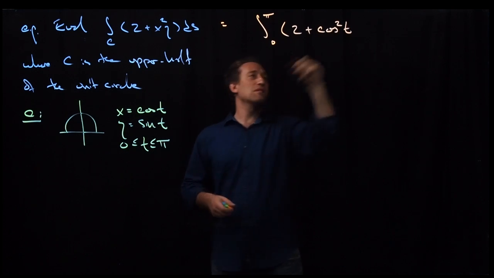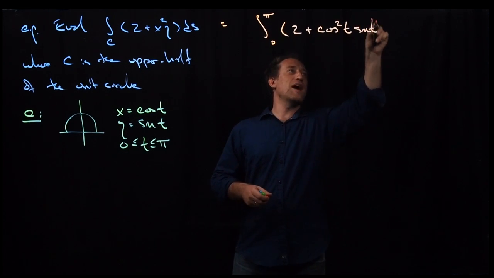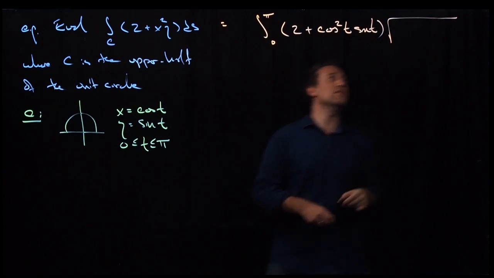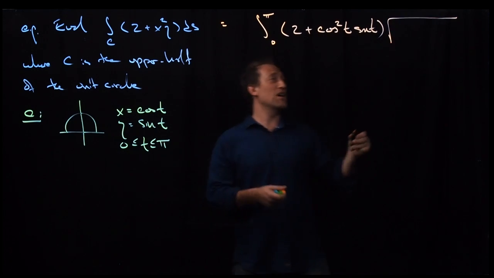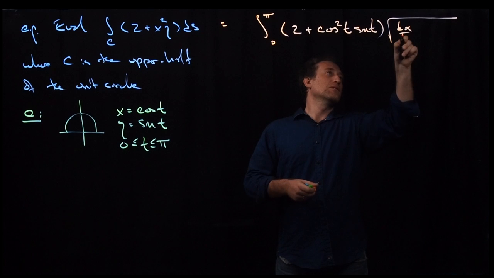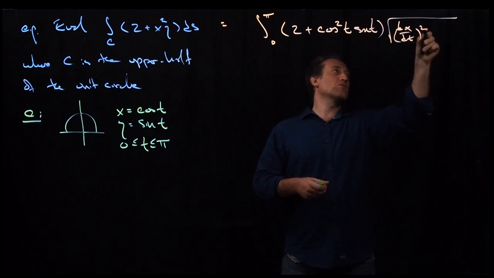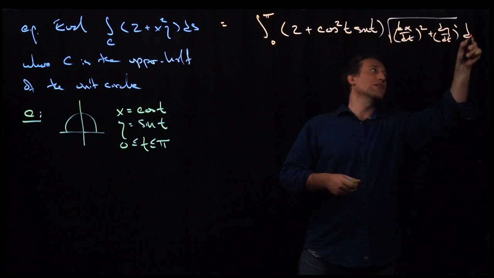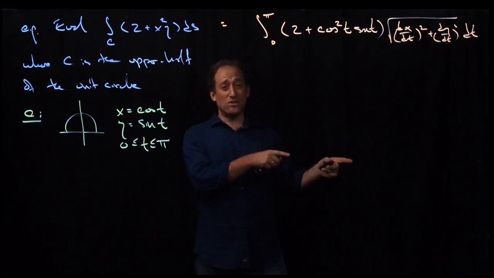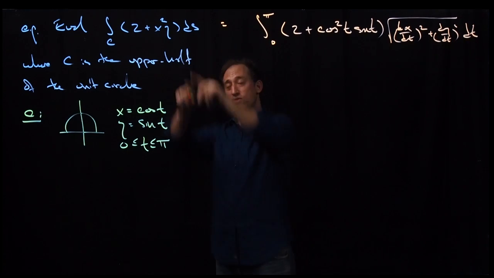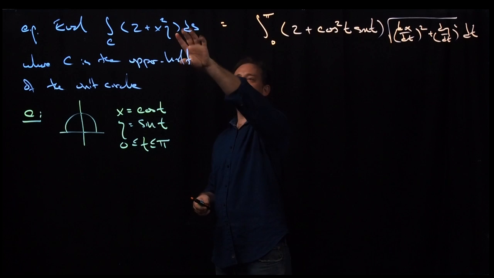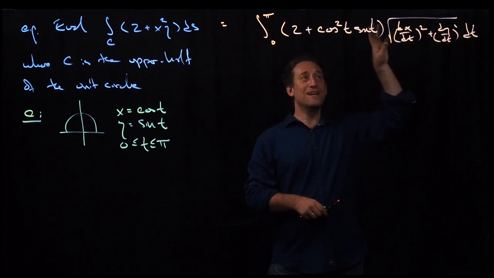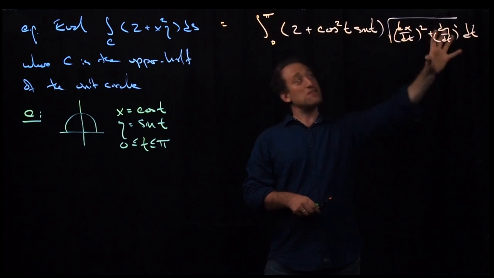squared t times sine t, but of course we're not yet done. This needs to be times the square root of dx dt squared plus dy dt squared, all with respect to t. Anytime we make the transition from integrating with respect to arc length, s, to integrating with respect to the parameter t, we pop out this extra term.